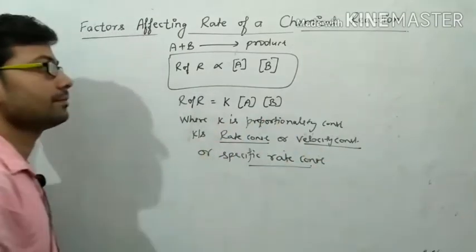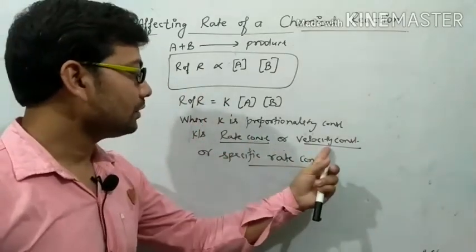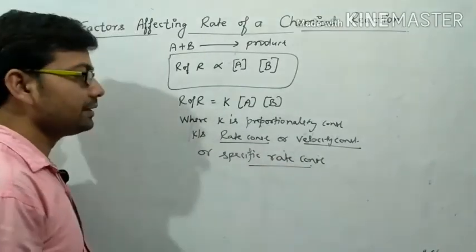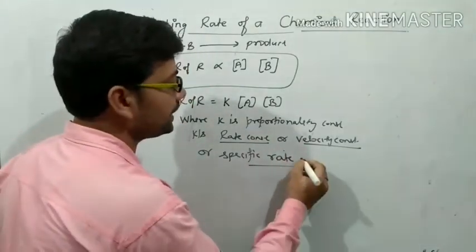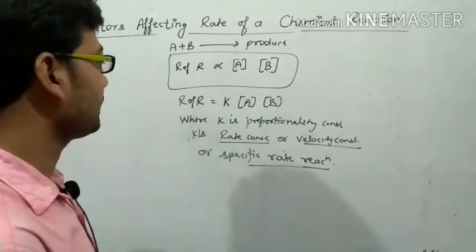The proportionality constant is said to be the rate constant, velocity constant, or specific reaction rate.